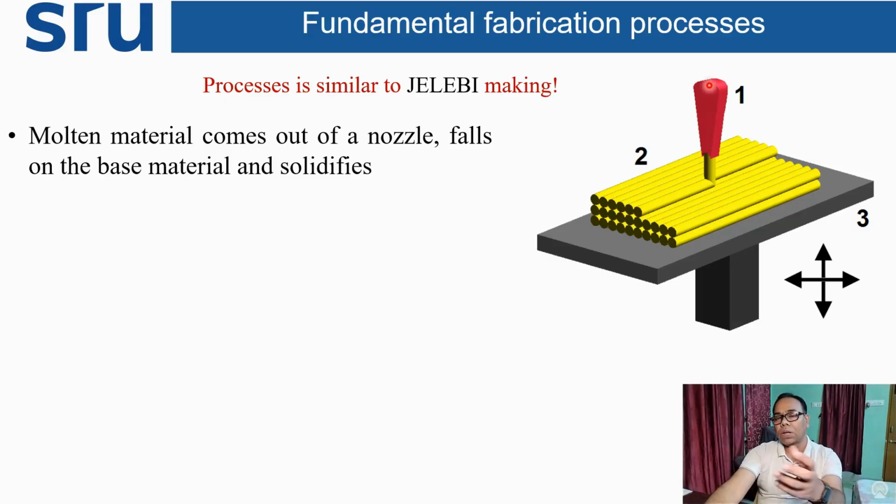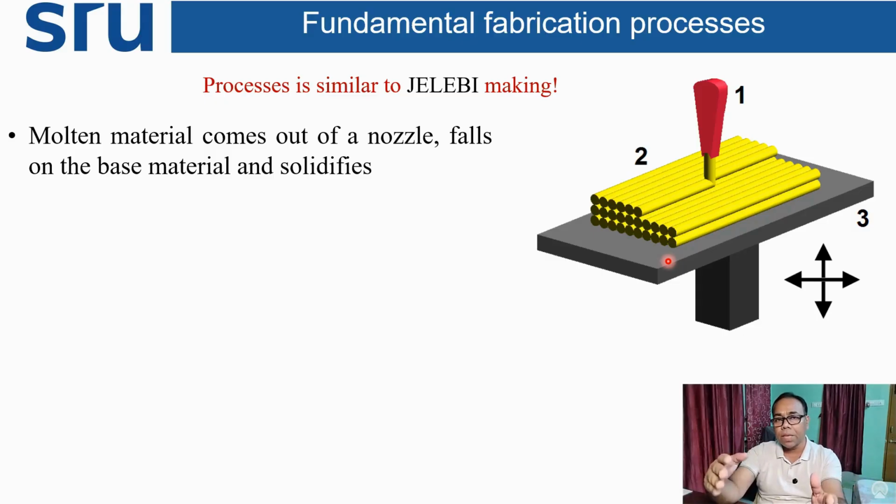The solid filament will be heated and converted into liquid material, and it will come out and fall on the build platform. This is called the build platform, and it can move in the x axis, y axis and z axis. It depends upon how the machine configuration or development of the build platform is done.